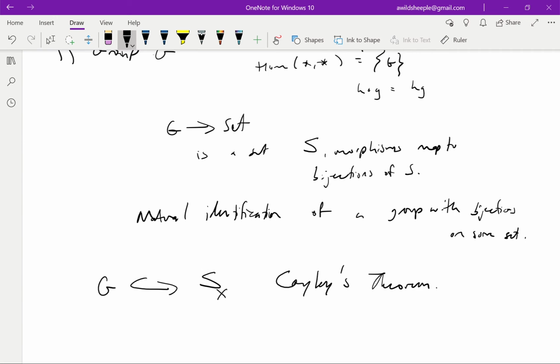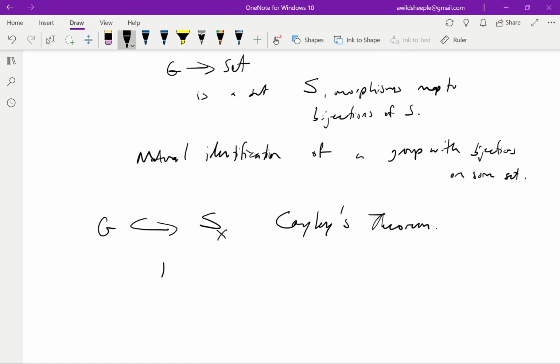And in fact, I could even just take the set to be a set of the same cardinality as the group itself. And then the bijections are nothing more than the group table. Of course, you don't have to do this, but in that setting, that's sort of what they are.